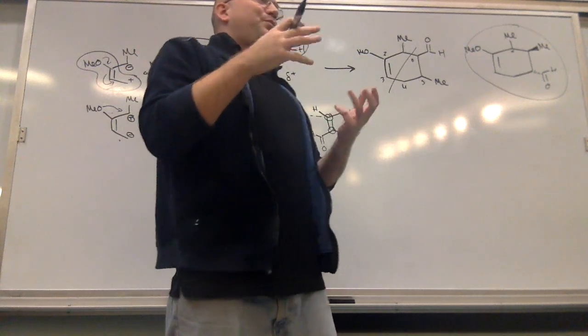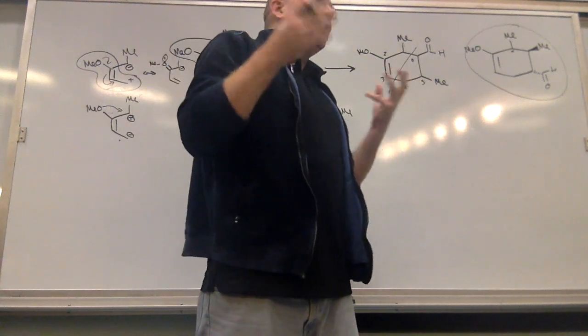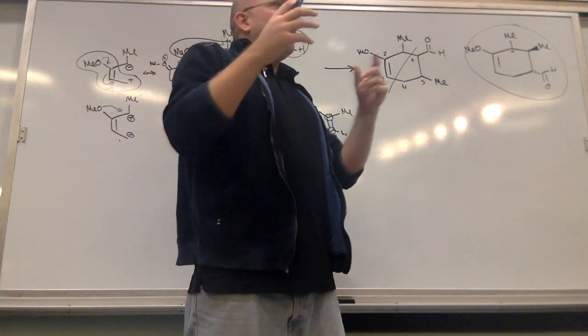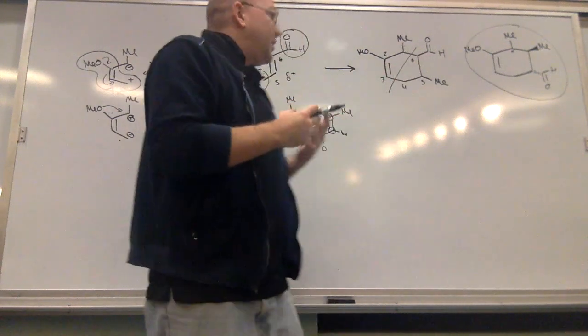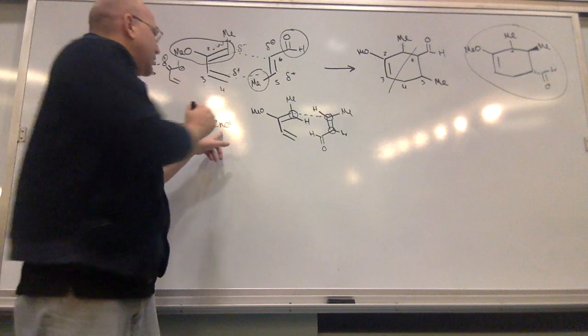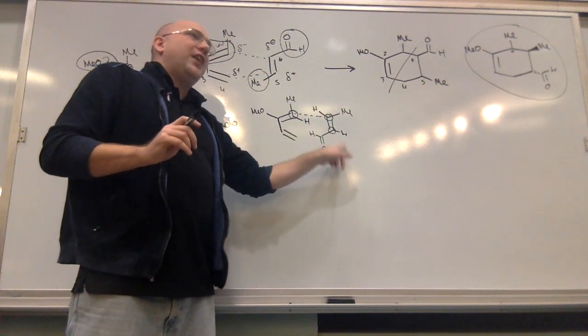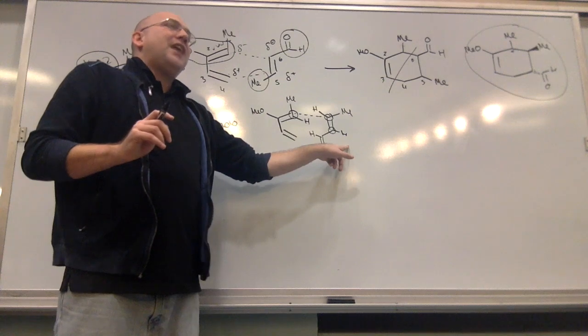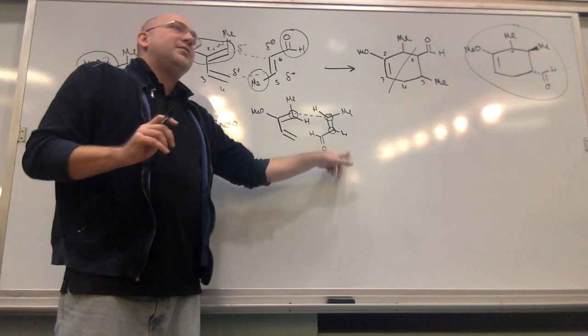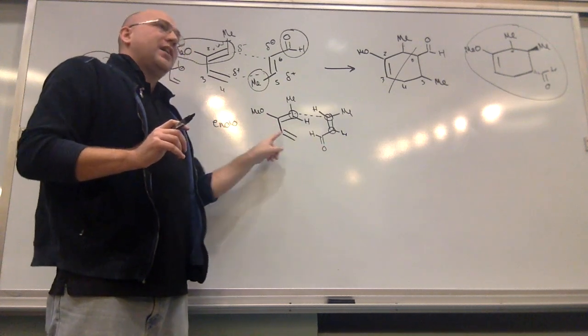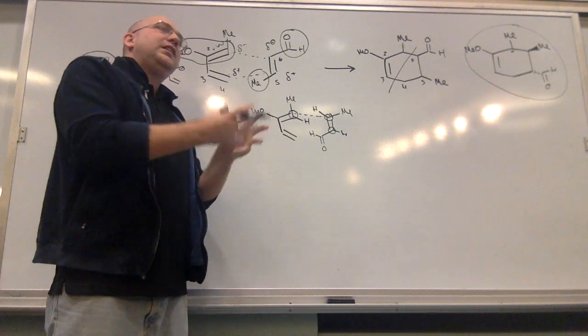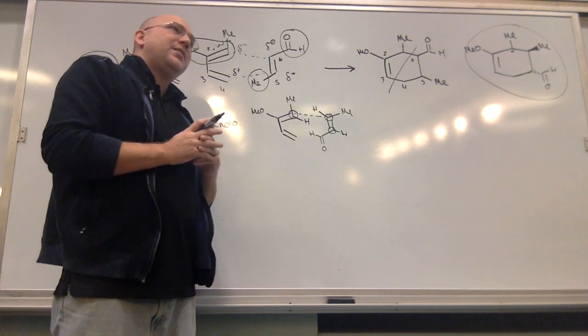There may be some IUPAC prioritization of how to name it. I don't know. But when I think of endo selectivity, to be more specific here, Christine, I'm saying endo selective for the aldehyde. The aldehyde is the one because it has that pi system that's going to interact with the backside pi system here, which leads to that selectivity. Does that make sense? Yeah.